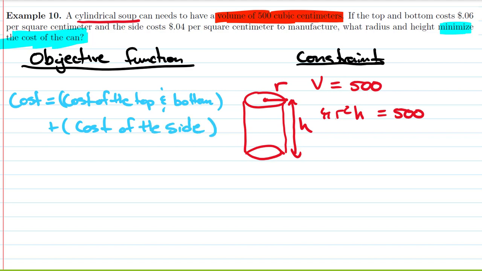All right, so we need to figure this out. The reason I broke it up as the cost of the top and the bottom and the cost of the side is they each have different costs. So the top and the bottom cost 6 cents per square centimeter, and the side costs 4 cents per square centimeter.